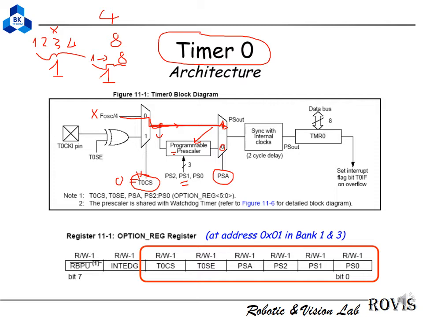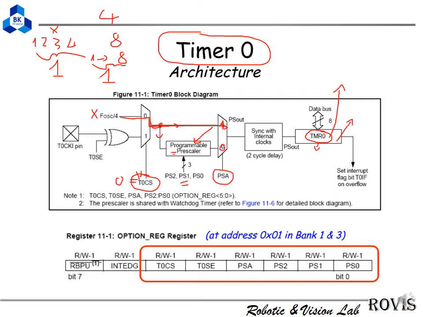The next one is TMR0. This one is the register. When you choose the PSA bit as 1 here, the timer will increase in here.